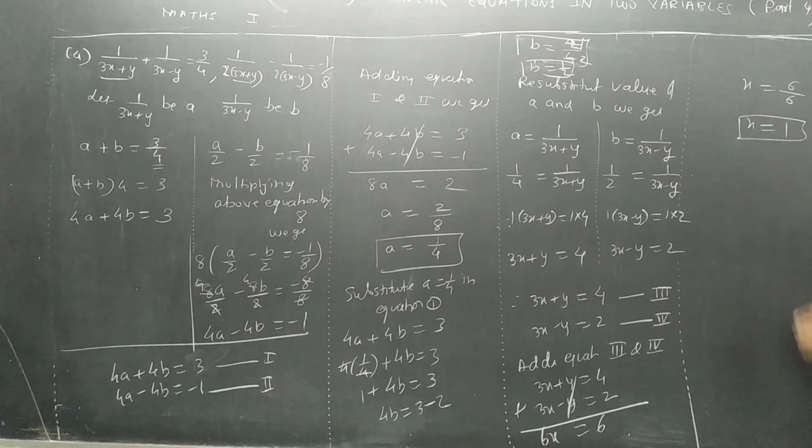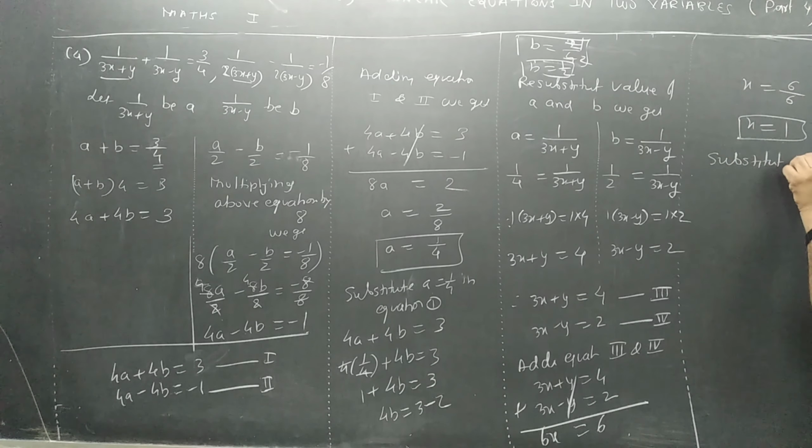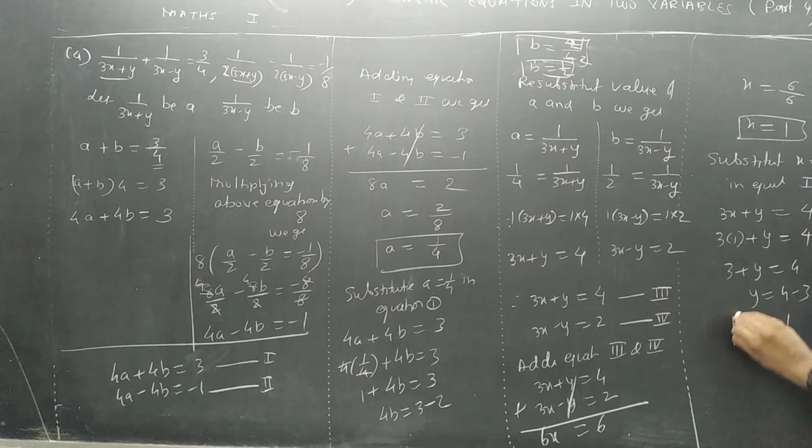Now substitute x is equal to 1 in equation 3. What is equation 3? 3x plus y is equal to 4. 3 into 1 plus y is equal to 4. So 3 plus y is equal to 4 and y is equal to 4 minus 3, y is equal to 1.